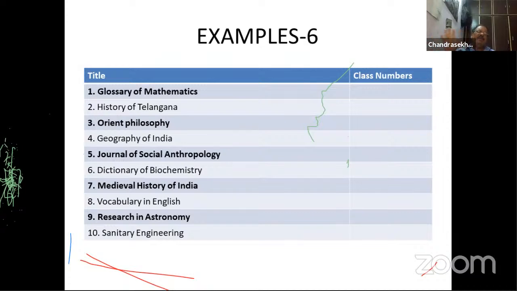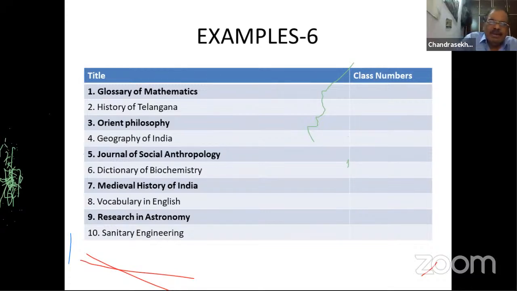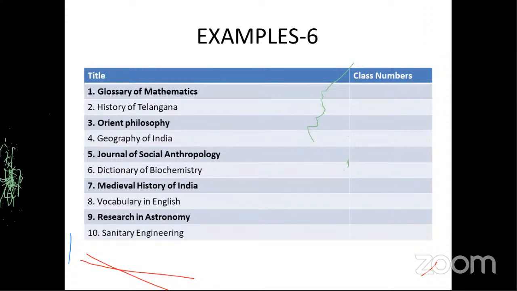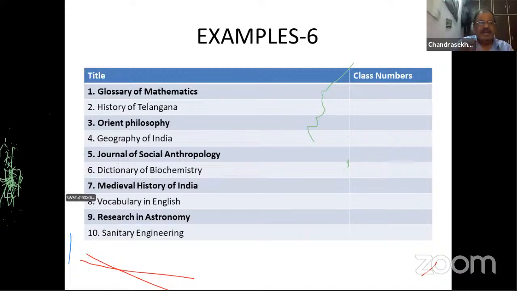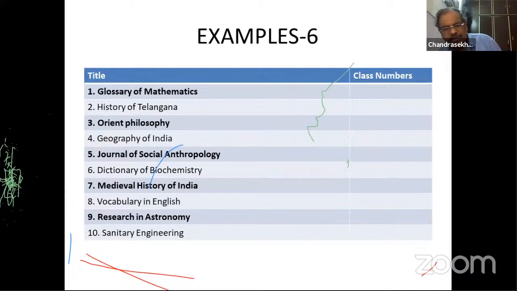Ancient and medieval history come together. Medieval is not given a separate number, we have to take the ancient history number, 934. So you have to give 934. Medieval means the middle period, between the tertiary period and the modern period. That is the medieval period, when mostly monasteries and ashramas exist.